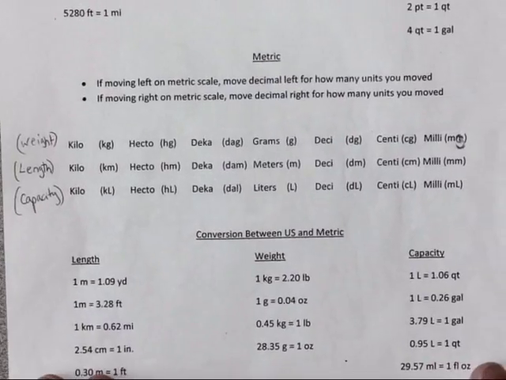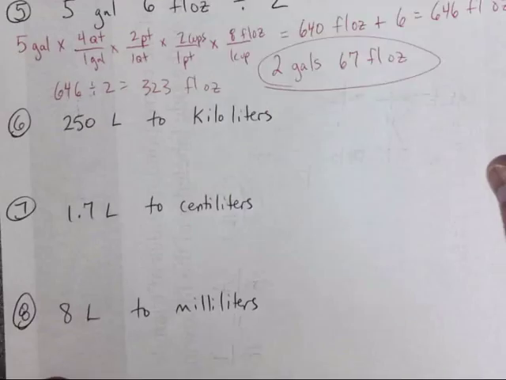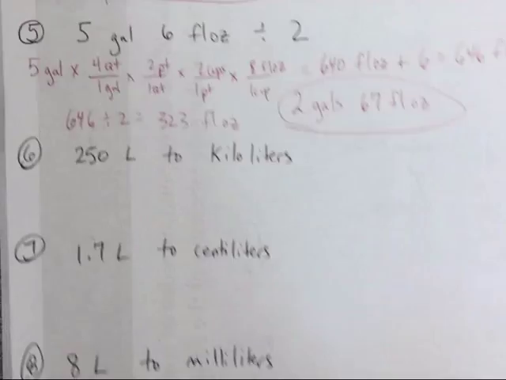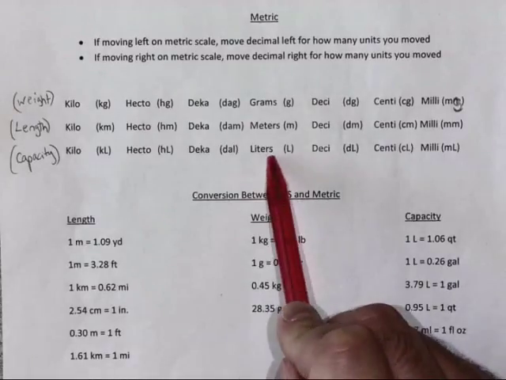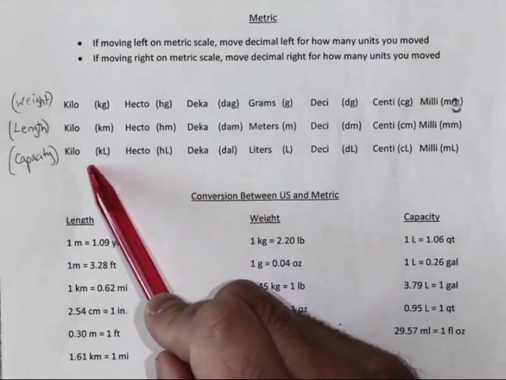these next problems is our metric system here, so keep in mind we're using this last row. So we're going from 250 liters to kiloliters, so find the unit that you're starting with, which is here, liters. I want to go to kiloliters, so I'm going 1, 2, 3 places to the left.